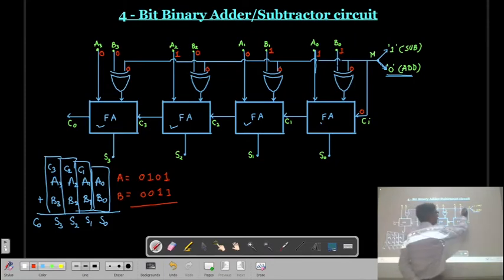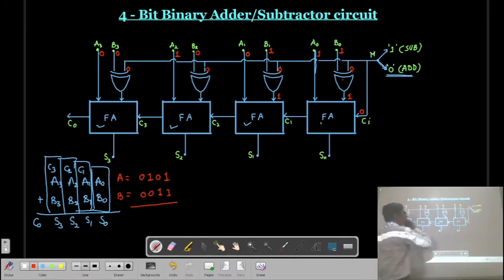So here if you look at this input of the XOR gate, 1, 0 is there. So it will produce a 1 here. Same way here, 1, 0 is there, this will produce 1. 0, 0 will produce 0. And again 0, 0 will be a 0.